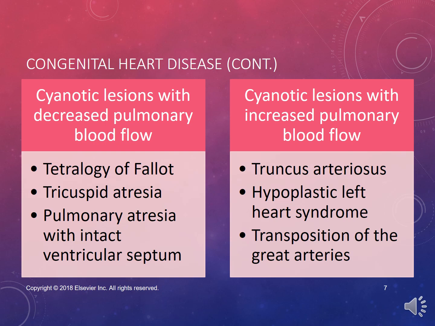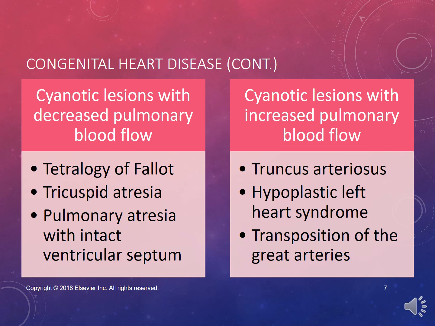When we're waking patients up from cardiopulmonary bypass, they are at increased risk for blood clots, specifically strokes, because of this. For other treatments for tetralogy, we're going to give them an infusion of prostaglandin just because we want to keep that PDA open at this point. We're going to manage the TET spells, teach parents how to manage the TET spells. We're also going to treat them for iron deficiency anemia because they may be slightly anemic.